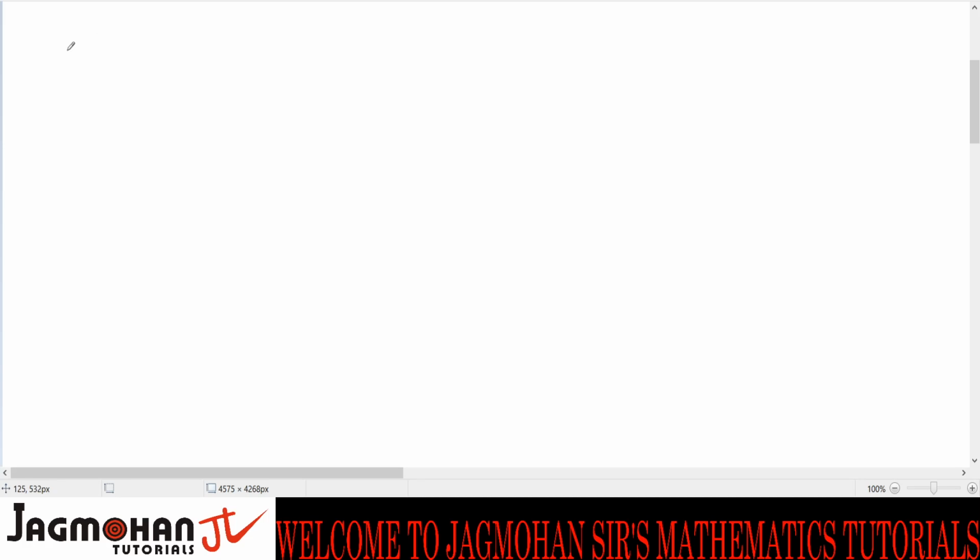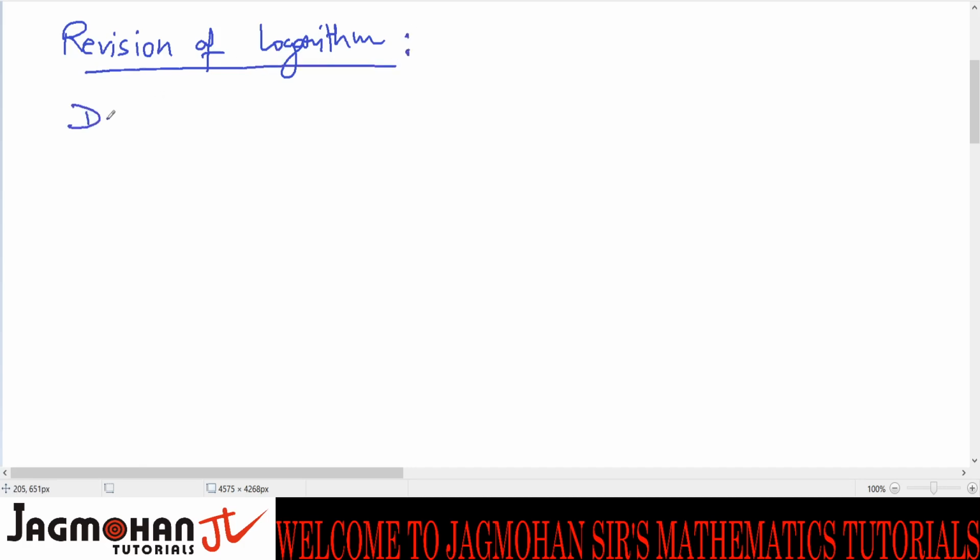So the first thing we will do is a revision of logarithm. If you remember, the first thing that comes in logarithm is the definition. How do we define it?